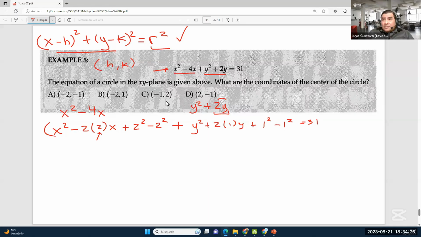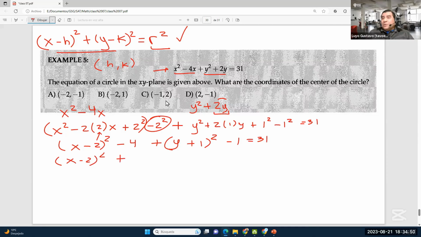Let's now factor this part, and we have (x minus 2) squared minus 4, this part, plus (y plus 1) squared minus 1 equals 31. And so (x minus 2) squared plus (y plus 1) squared equals 31 plus 5, or 36, which equals 6 squared.